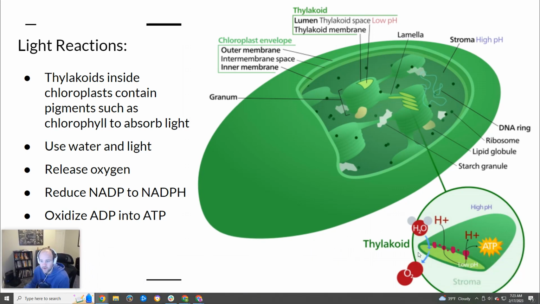I'll move myself over here. So you can see they're releasing oxygen. They're also going to oxidize ADP into ATP, and they're going to reduce an electron carrier NADP to NADPH. Don't worry about memorizing all the numbers, but you should be aware of kind of what's coming in and what's coming out.